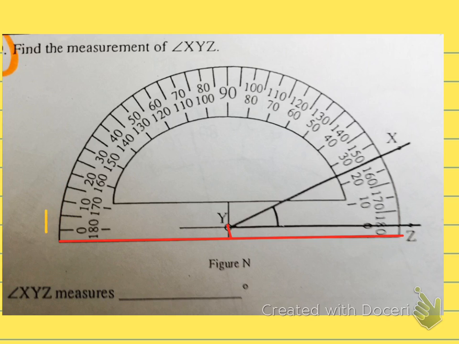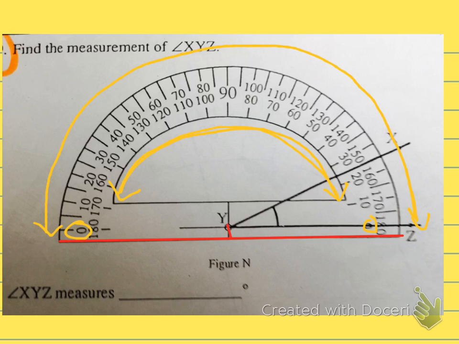We want to make sure that once we have our vertex point placed in the center point of the straight edge, we look at whether we're using the interior or the exterior circular numbers. We want to make sure that we are beginning our measurement at 0.